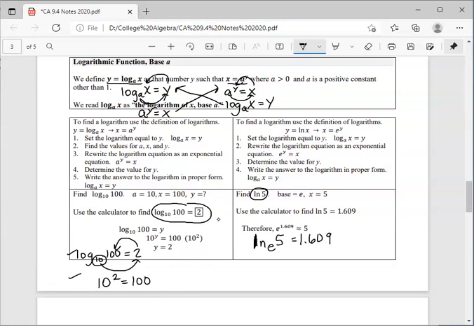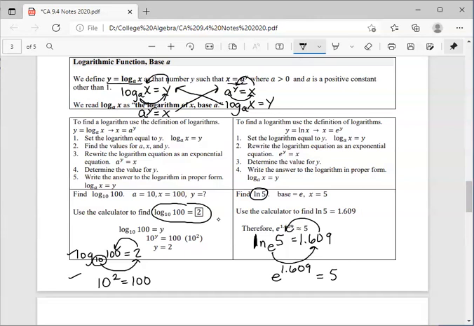It's written in logarithmic form, even though it's a natural log, it's the same concept. So I would start with my base, skip over the 5, and then come back to it. So this means that e raised to the 1.609 is supposed to be equal to 5. It's just a pattern that you're going to follow.